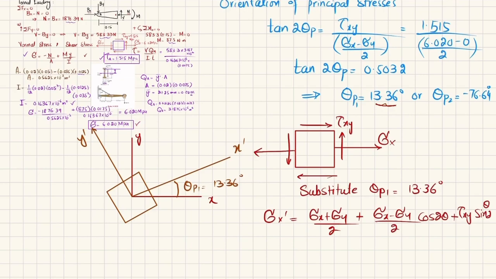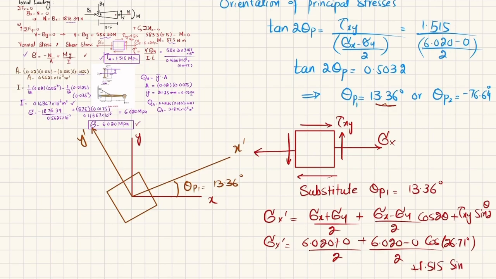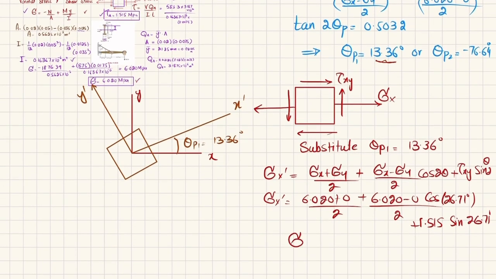So when you put sigma x and sigma y: 6.020 plus 0 divided by 2, plus 6.020 minus 0 divided by 2 into cos of 2 theta, and 2 theta is 26.71 degree, plus tau of xy, which is 1.515 into sine of 2 theta, and 2 theta is 26.71 degree. So when you solve this, you will get sigma x dash is equal to 6.38 megapascal.